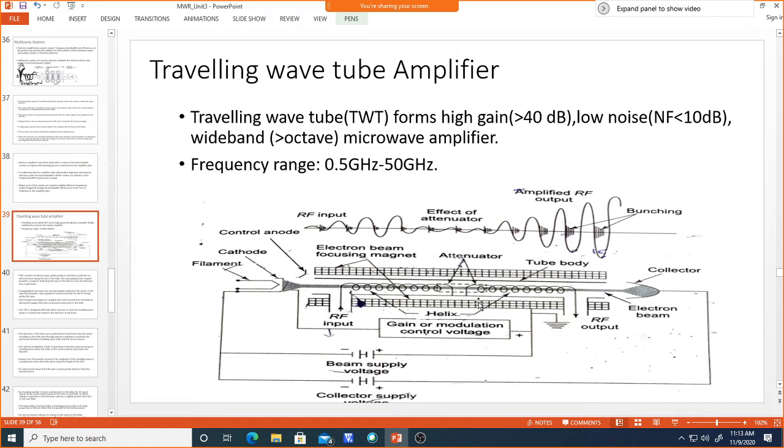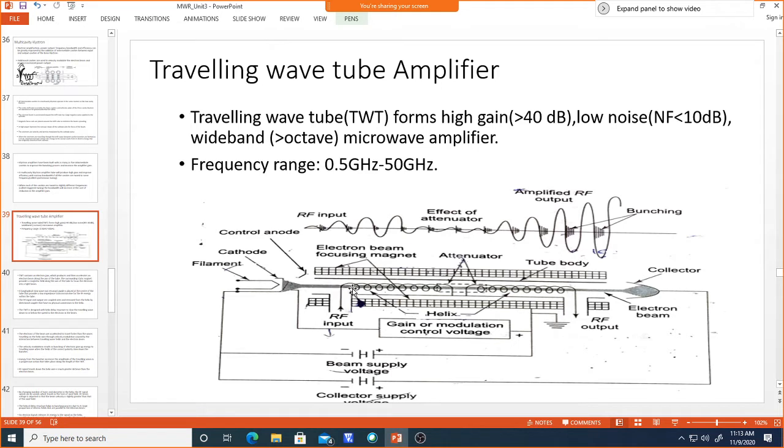Now, whenever you apply the input at the cathode, the electrons travel, and the RF signal travels through the helix structure, which is a slow wave structure. Due to the structure of the helix, the wave slows down its velocity compared to the electron beam velocity.